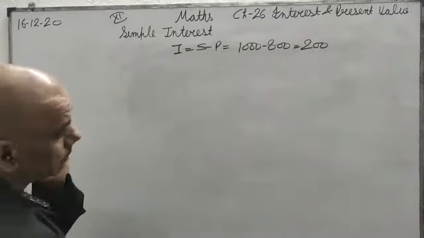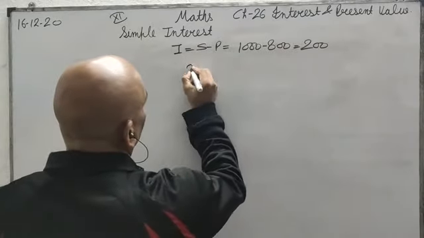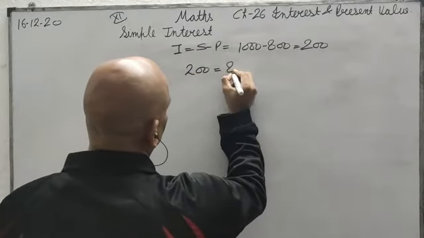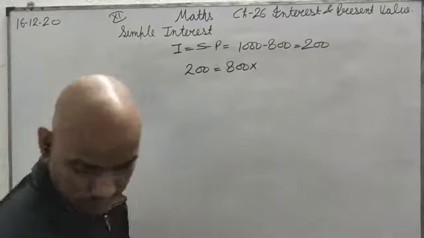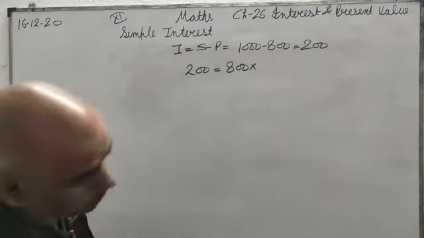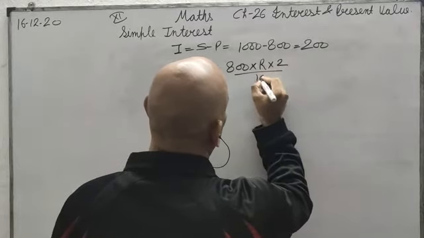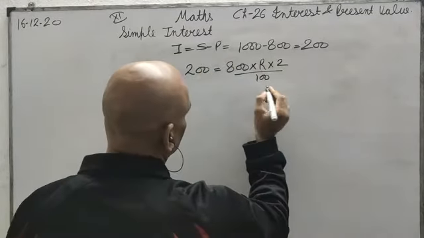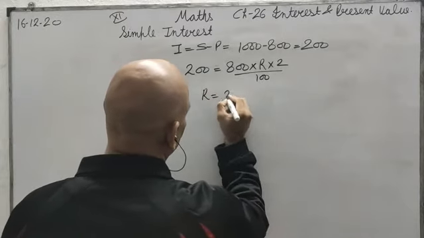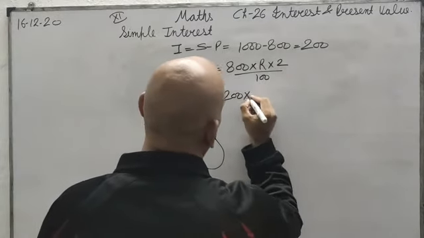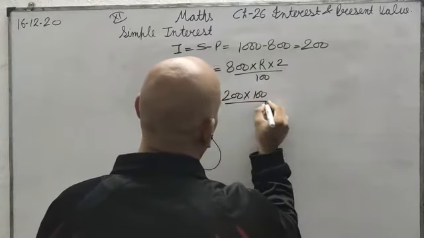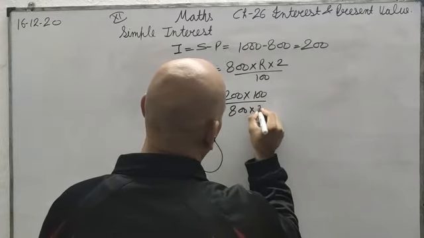Okay. Now interest is 200. Principal is 800. Time is how many? 2 years. Rate we want to calculate. Rate is equal to 20,000 into 100 upon 800 into 2.